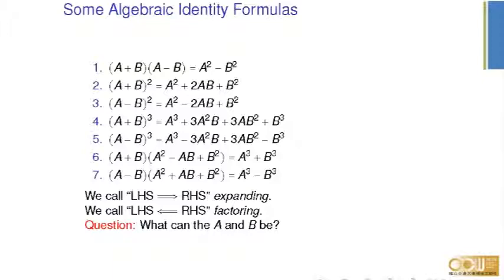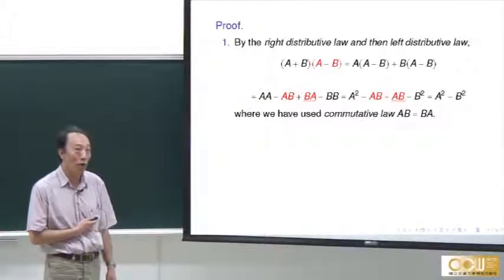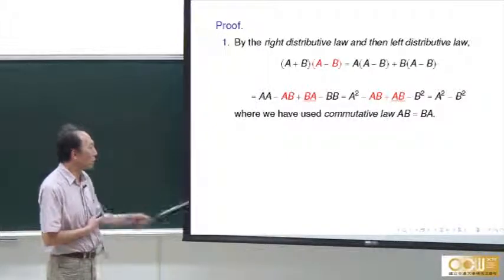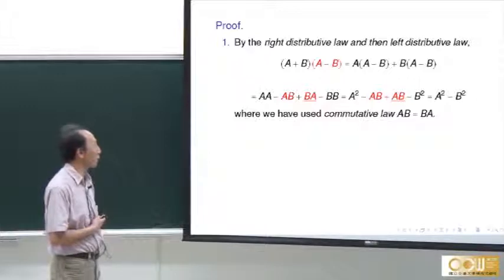The question I'm asking here is, what can the quantities A and B be? We try to use the principle of substitution. To answer this question, let's see the proof of all these identities.